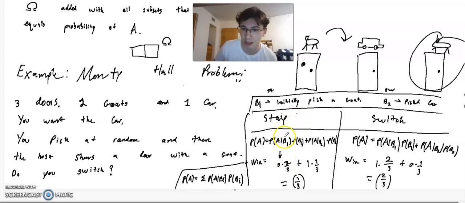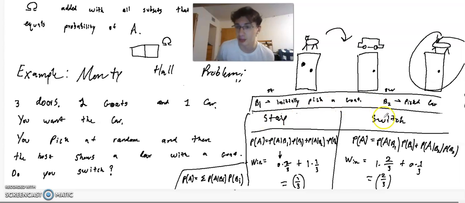In the case where we stay, if we initially picked a goat and stayed, our odds would be 0 times 2/3, because 2/3 of the time we picked a goat and lost, plus 1 times 1/3, so 1/3 in total.